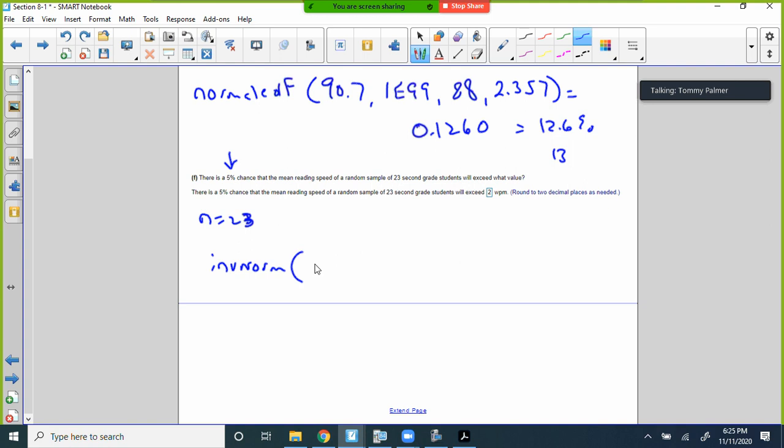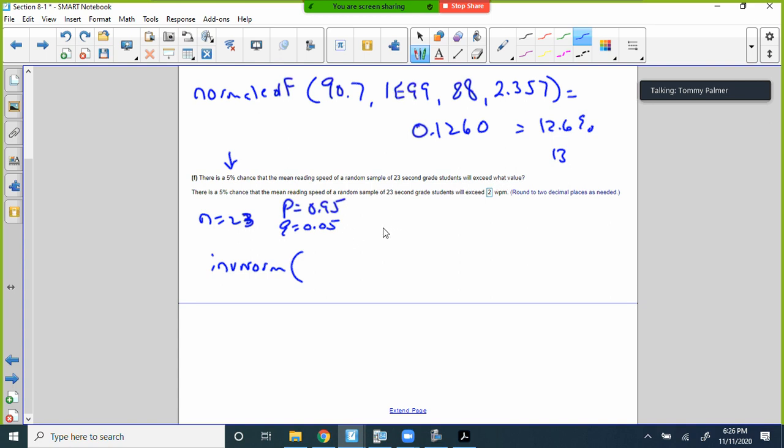It wants P, which would be 0.95, and then the Q is 0.05. There's a 5% chance that will happen, so there's a 95% chance of success that the kids will have a random speed that will not exceed it.